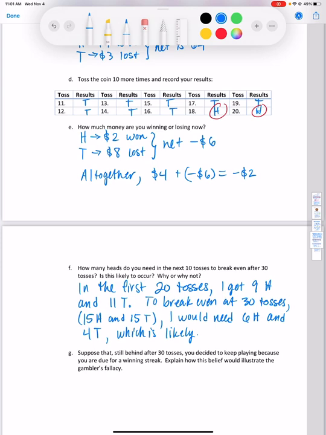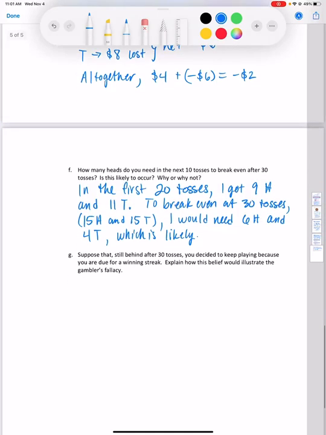Which is likely. Suppose that still behind after 30 tosses, you decide to keep playing because you're due for a winning streak. Explain how this belief would illustrate the gambler's fallacy. Okay. So if I was losing, I cannot expect to get several heads in a row to have a winning streak.